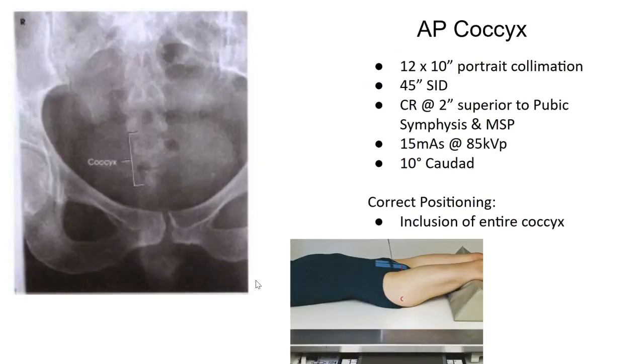So sacrum is 15 cephalic, coccyx is 10 caudal. And hopefully, when you do your 10 caudal, it separates the coccyx from the pubic symphysis. So your job is to include the entire coccyx, and it should not be superimposing that pubic symphysis. Okay, but otherwise the centering is exactly the same, 2 inches above pubic symphysis.